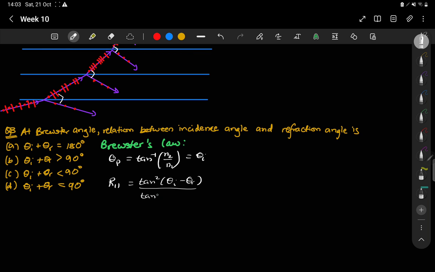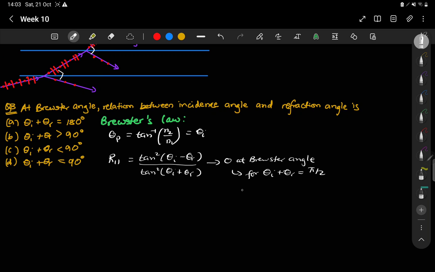This is the incident angle. Now this is 0 when we are at the Brewster angle. And this will be 0 only for theta I plus theta r equals pi by 2.